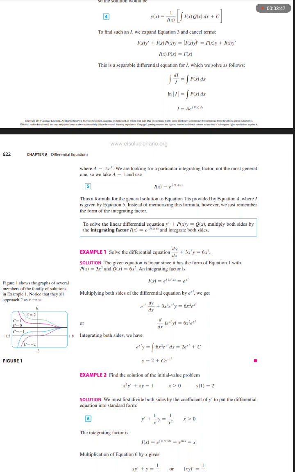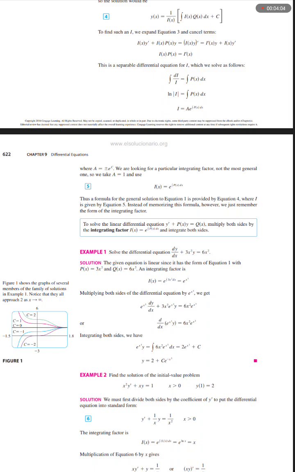The integral of dI over I equals the integral of P(x) dx. The natural log of the absolute value of I equals the integral of P(x) dx.